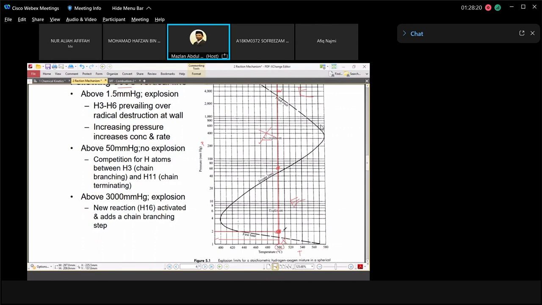Sometimes, if the pressure and temperature is within this explosion limit, if you have already oxygen, you have already fuel, you just wait for one more, which is ignition. For example, you are trying to drill or do some kind of repair on the tank.